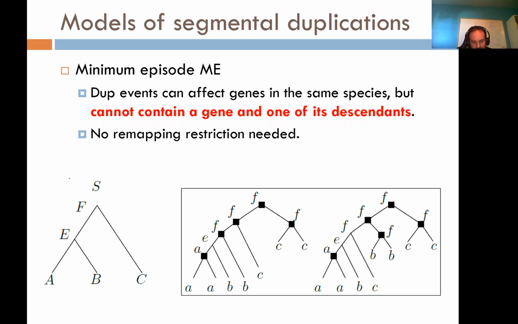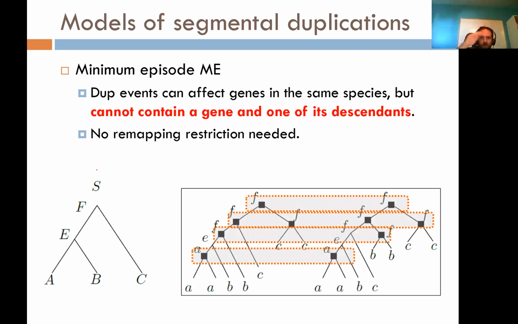So what that looks like is, let's say this is your mapping. Well, you can align all the duplications horizontally, and all of these are valid segmental duplications under that particular model, but this would not be valid, for instance. And for me, that makes the most sense. If you think in terms of whole genome duplications, for instance, this is what it would look like.